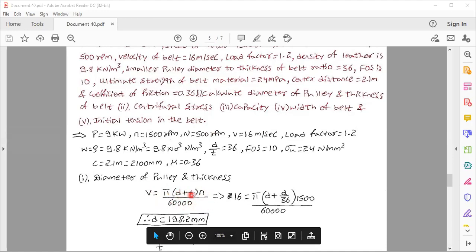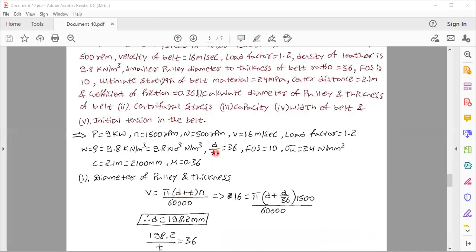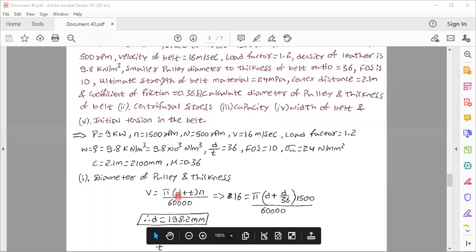D is not given, so you can take d is equal to 36 into t. You can substitute d is equal to 36t plus t, and take t common. From that you can find out the thickness first. After that, substitute that in this equation, you will get the diameter.